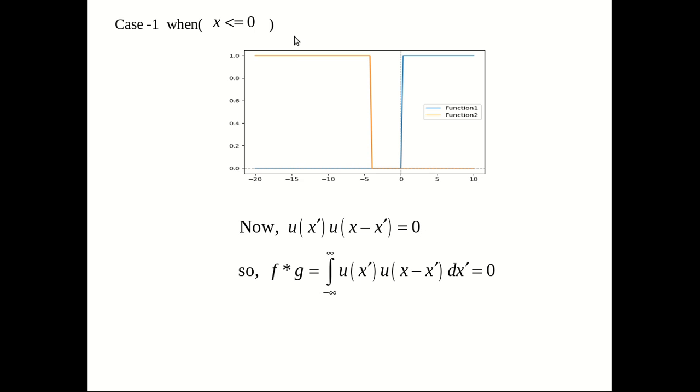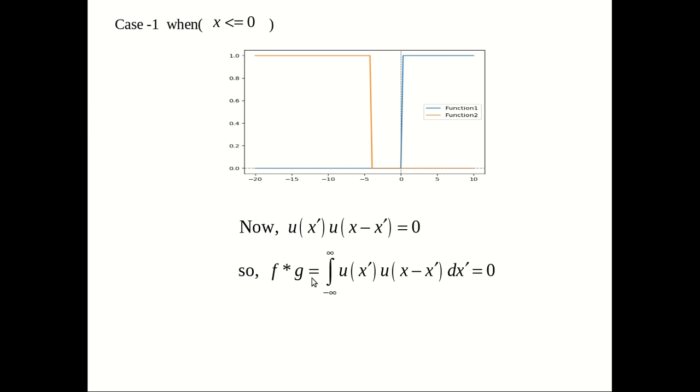Similarly, the product of u(x') and u(x minus x') for this region is also 0. So there is no overlapping region of these two functions. So u(x') into u(x minus x') is 0. So the convolution of these two functions for x less than or equal to 0 is 0.